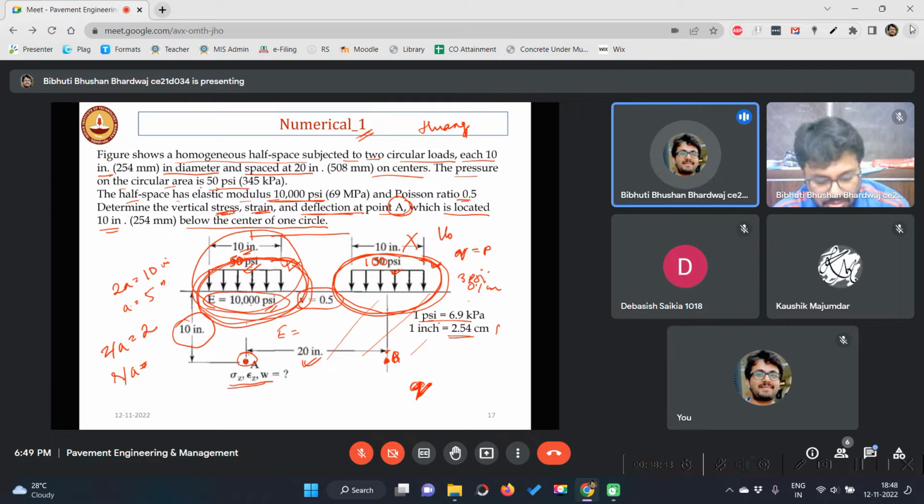Then in the second scenario, we will neglect this load and consider that only the far load is there, and compute sigma z, epsilon z, w, all those parameters. Then we will add those two values: sigma z because of this load plus sigma z because of this load, epsilon z because of this, epsilon z because of this, like that. Understood the concept? How to approach?